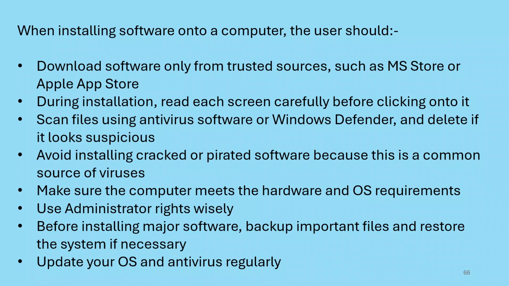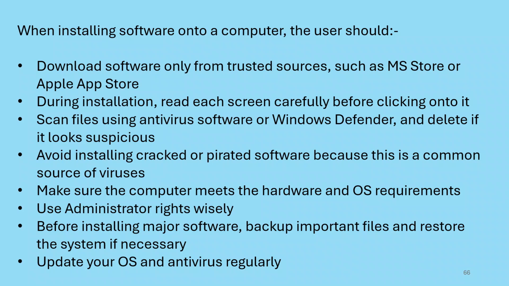For example, the R programming language is not in the Microsoft Store, and so that means you would have to download it from the R programming website. And because you've downloaded it from there, it invalidates your Windows Defender. I haven't downloaded it, by the way, so you need to be very careful about downloading software.